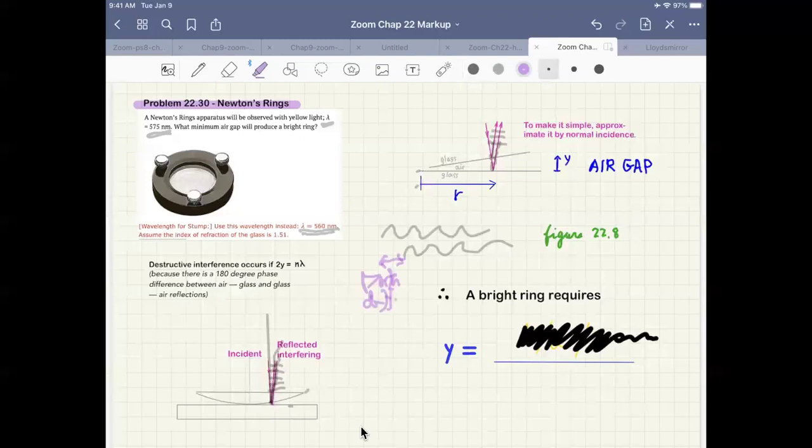One wave is a little longer than the other because it had to go through the region of air. And now, if they're in phase, then that'll be a bright ring, constructive interference, because where one wave is a maximum, the other wave is also a maximum. So when you superimpose the waves, you'll have twice the maximum. Or where one wave is a minimum, the other wave is a minimum, so when you add them together, you'll get twice the negative value.